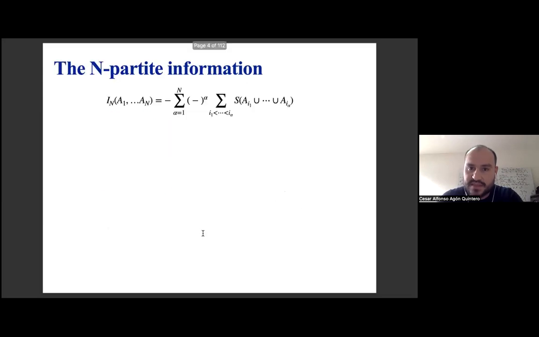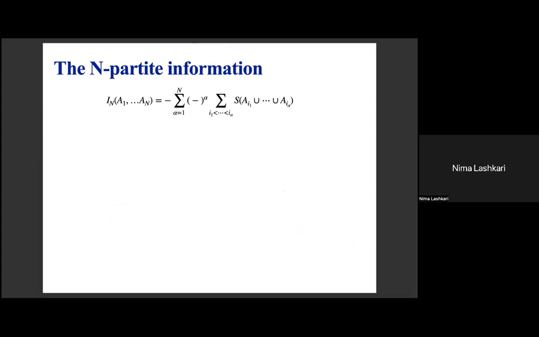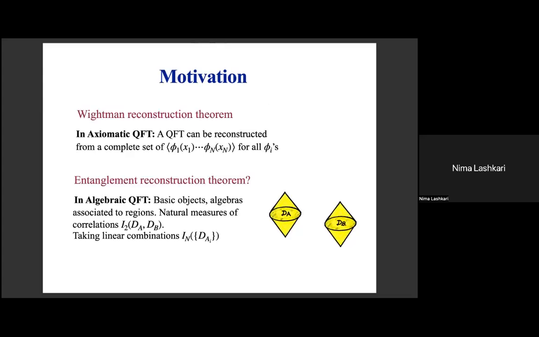So let me start then by doing a quick review of what the n-partite information is. Can I ask you a quick question? In the previous slide, is this idea of entanglement reconstruction motivated by finite quantum systems? Because I suspect that it won't hold for, say, three qubits.